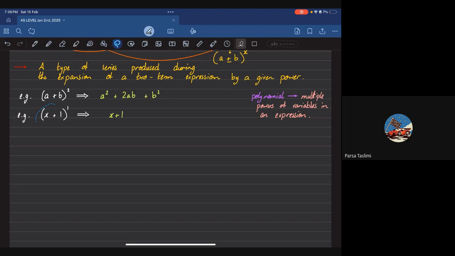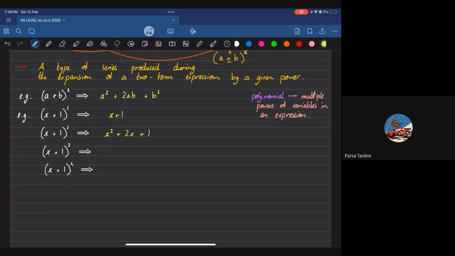But similarly, if I keep on copying this down further, and I keep on changing the powers, 2, 3, 4, obviously it's going to change. So it's going to become x squared plus 2x plus 1.